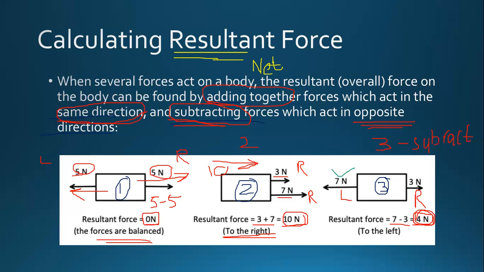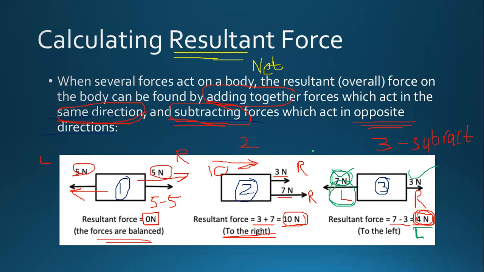Is 7 Newton a larger force or is 3 Newton a larger force? Obviously the 7 Newton force is a larger force और उसकी डायरेक्शन क्या थी? Leftwards. So the direction of the answer would also be left. क्योंकि जो लार्जर फोर्स की डायरेक्शन होगी वही आपके रिजल्टेंट फोर्स की डायरेक्शन होगी.